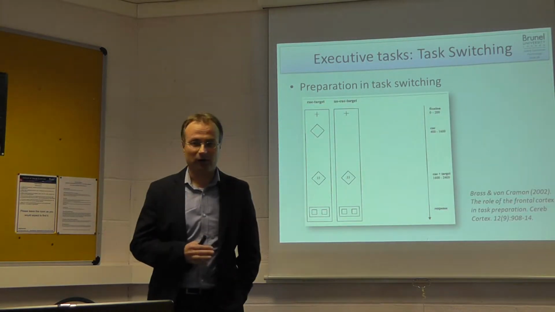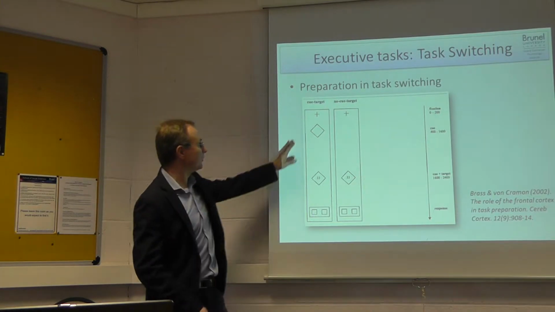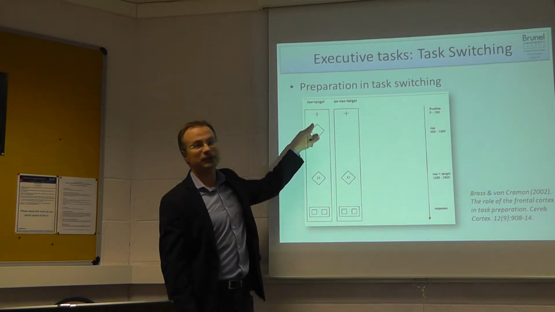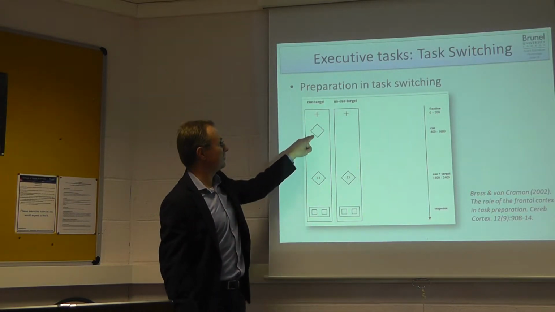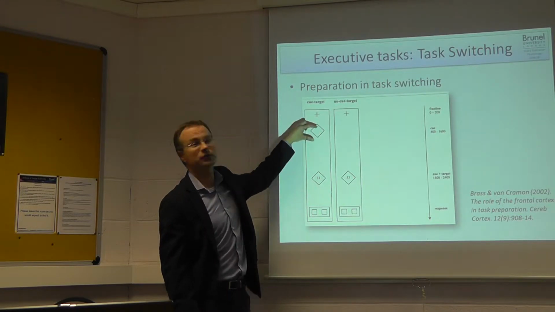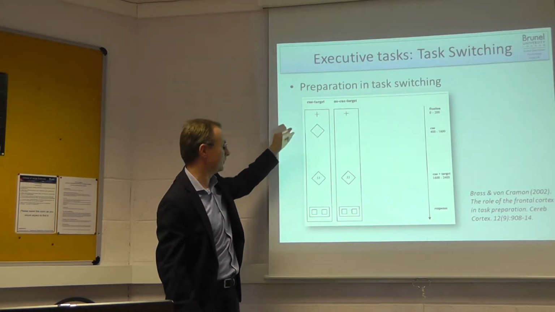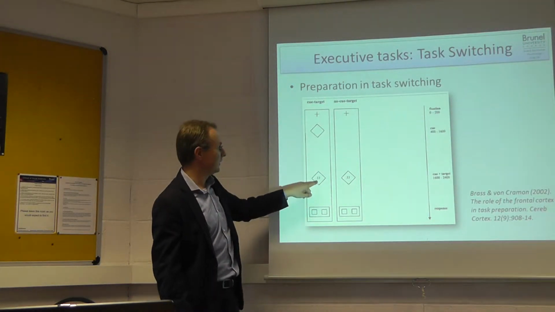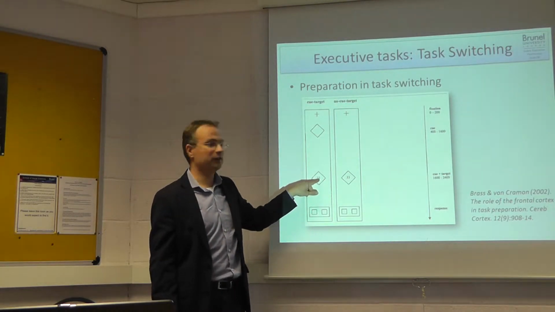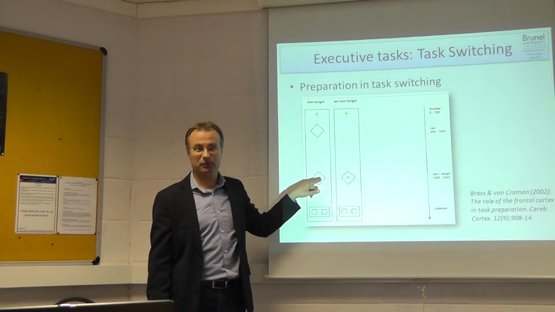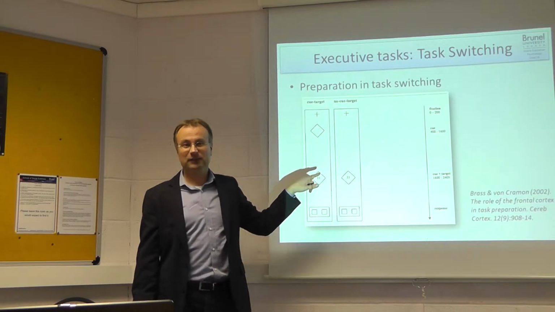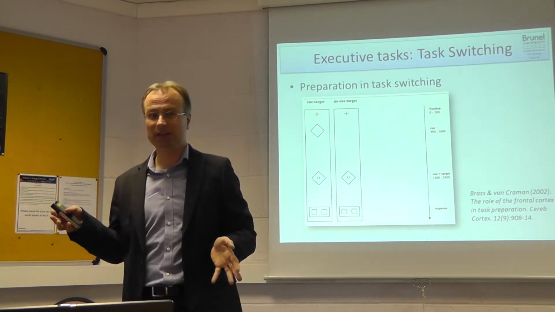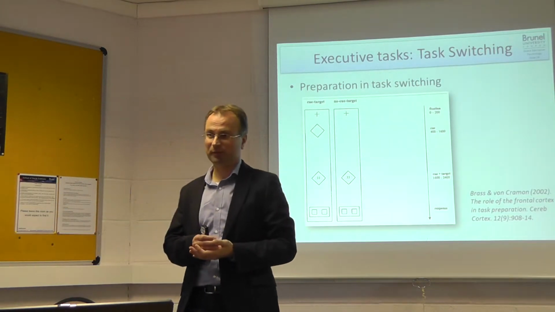These authors used the following paradigm. You read that time-wise from the top to bottom. You have a cue which tells you which task to do, and this can be a diamond, and I think the other one was a square, just by rotation of this shape. Then, after some preparation time, which can be variable, you get your target, which is just a number, I think between 20 and 40, and one task is to decide whether it is smaller or larger than 30, or whether it is an odd or even number.